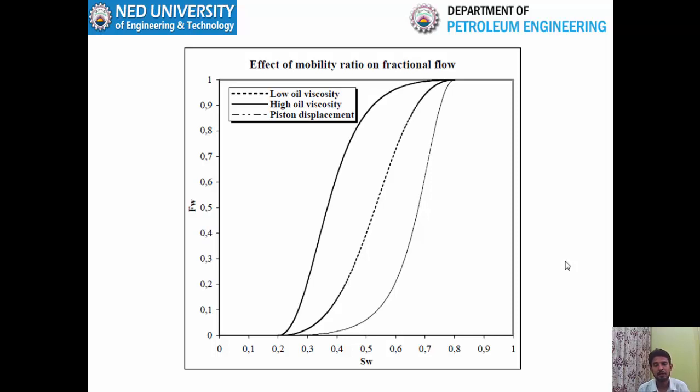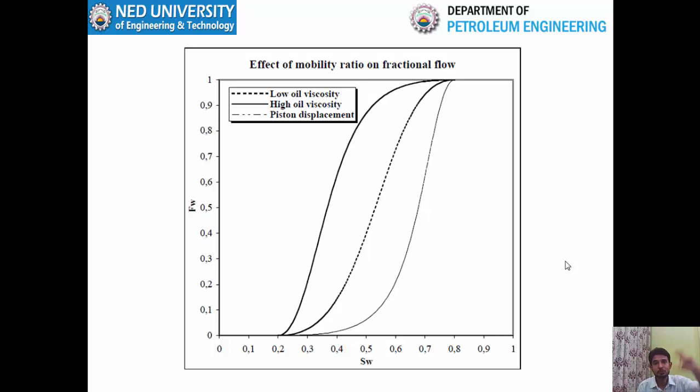In that example, the correlation for the relative permeabilities was provided. We first assumed some saturations between the connate water saturation and the maximum water saturation, which is the water saturation at the residual oil saturation.